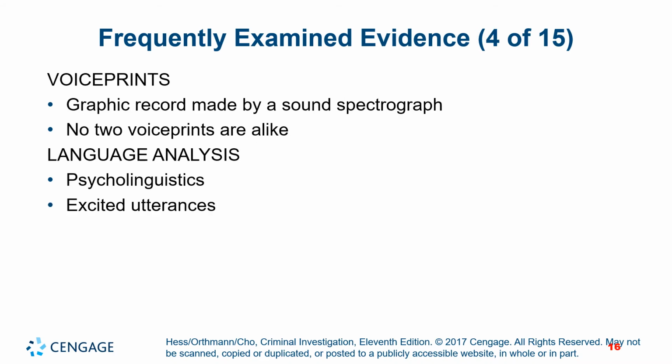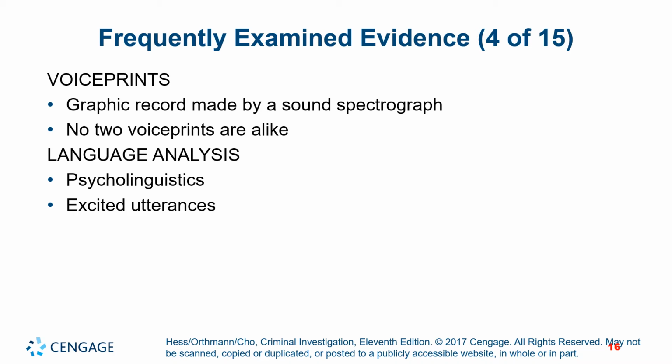Another form of biometric data are voice prints. A graphic record by a sound spectrograph of the energy patterns emitted by speech are what make up a voice print. And like fingerprints, no two voice prints are alike.